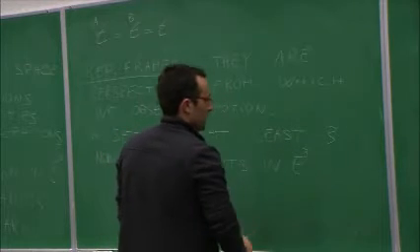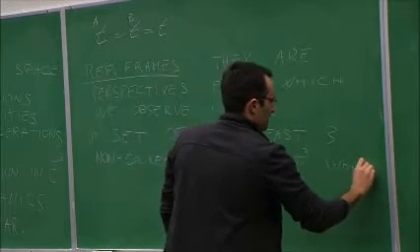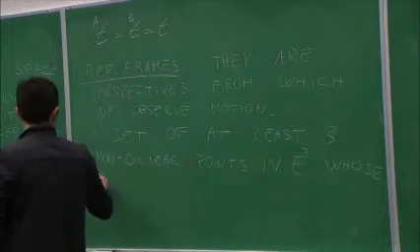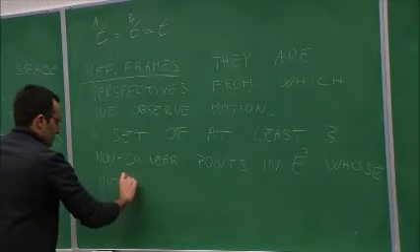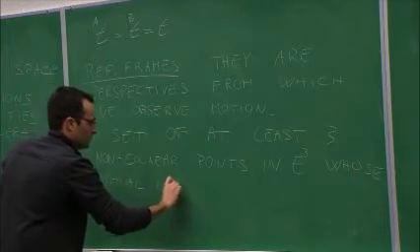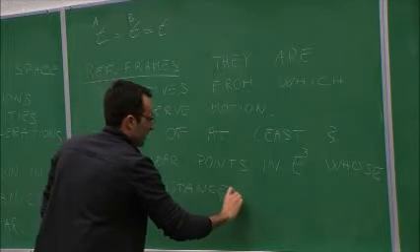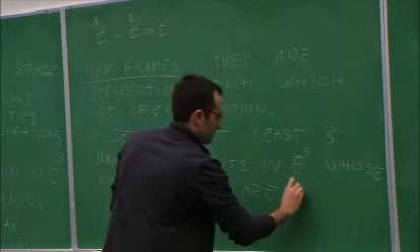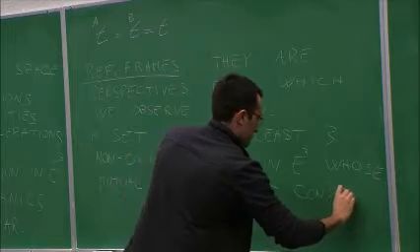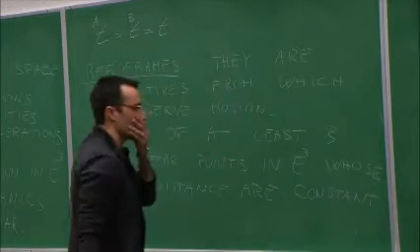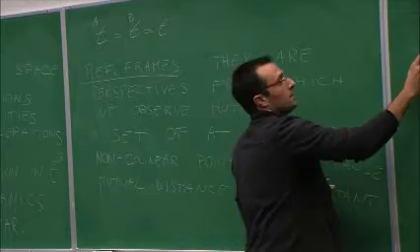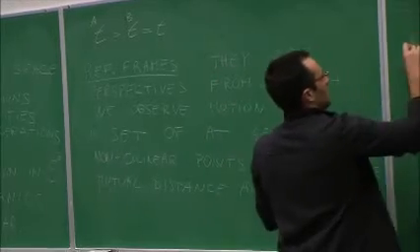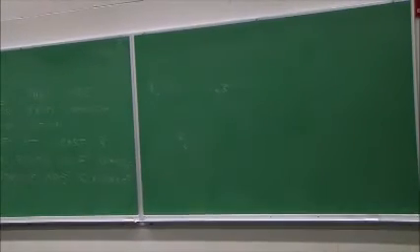Everything we do now is in E3, whose mutual distances are constant. Okay? 1, 2, and 3. As long as I don't change the distance, this board is a reference frame. The ground is a reference frame. The table is a reference frame.